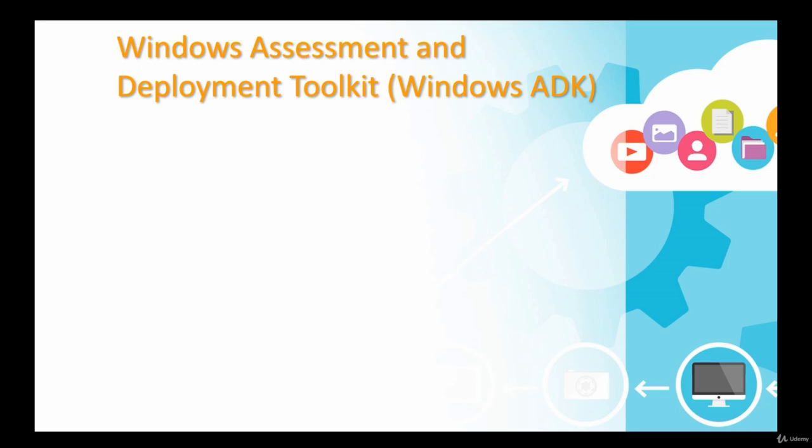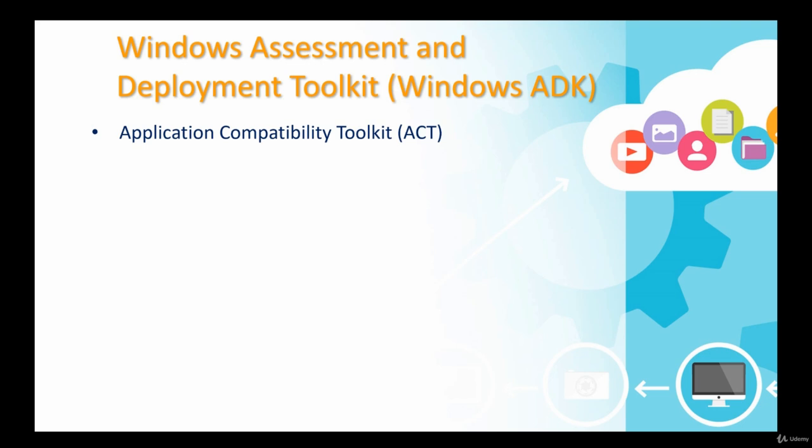So what do you get with the Windows ADK? Well, the first thing you get is ACT. ACT is the Application Compatibility Toolkit, and it allows you to check applications that are installed on existing operating systems. Imagine I've got a bunch of Windows 7 or Windows 8 computers that need to be upgraded to Windows 10, but we're afraid that those applications may not be compatible with Windows 10.